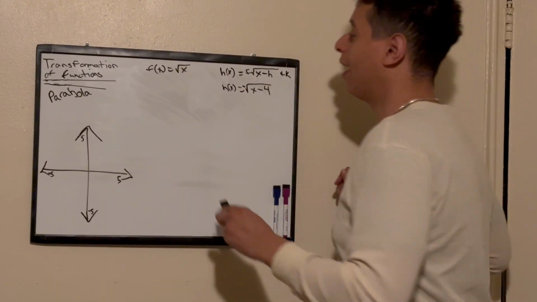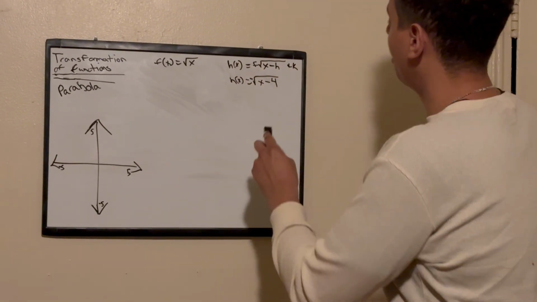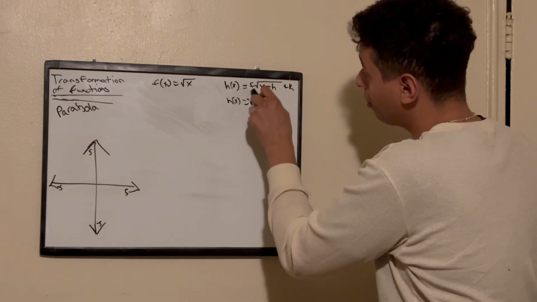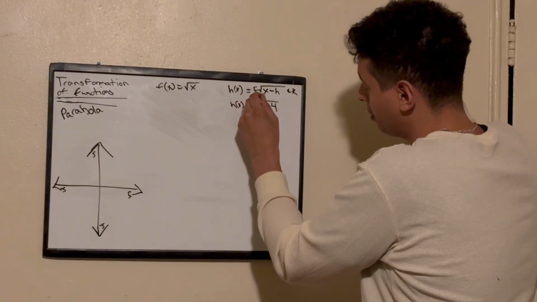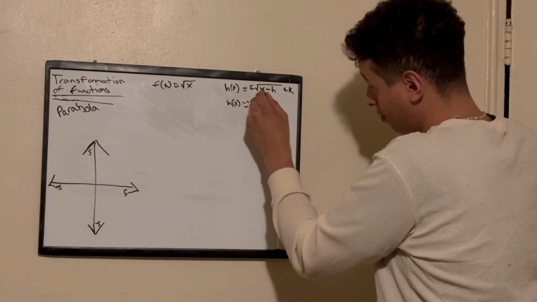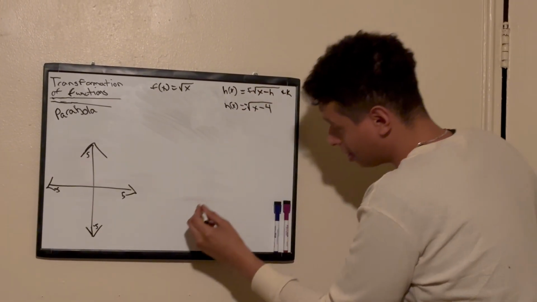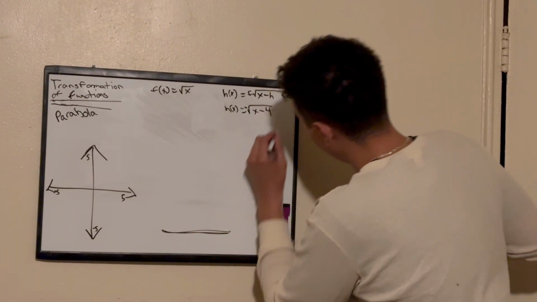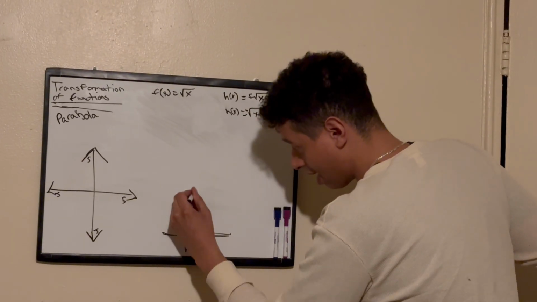Okay, so right now we're going to do the square root of the function. In this case, we still follow the same procedure, but it's a square root. It's the same exact thing where h of x is equal to f of x, the square root of x minus h plus k. This is the horizontal shift once again, which goes from left to right, and the k is the vertical, which goes up and down.